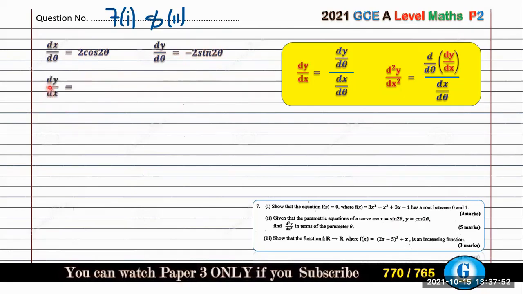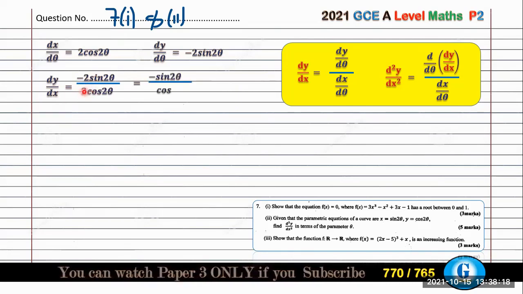According to this formula, you need dy dx before you can differentiate it. So dy dx is dy d theta over dx d theta. That gives us minus 2 sine 2 theta over 2 cos 2 theta, which is equal to minus sine 2 theta over cos 2 theta.